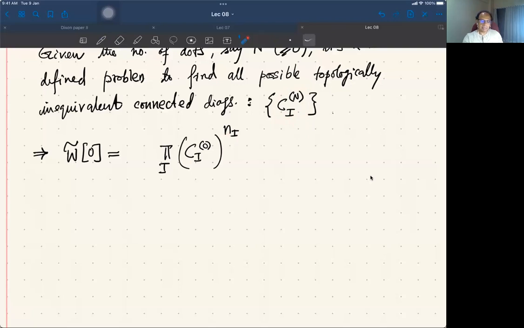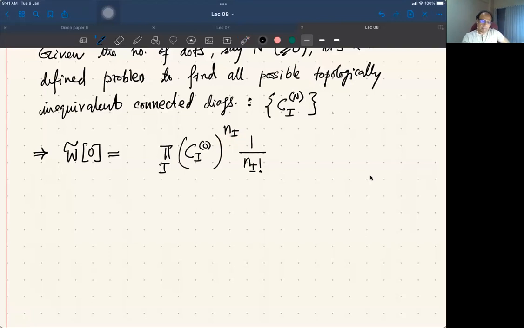If it is a connected diagram, then n_I is 1 for one I and 0 for all others. If it is a disconnected diagram, then n_I is non-zero for 2 different I's, or n_I can be 2 for one I, in which case it is a square of the same diagram, 2 pieces of the same diagram. But then that particular C_I to the power n_I will have a symmetry factor, because there are n_I copies of C_I, and there can be a permutation among themselves without changing the contribution, and therefore you have a symmetry factor which is 1 over n_I factorial.